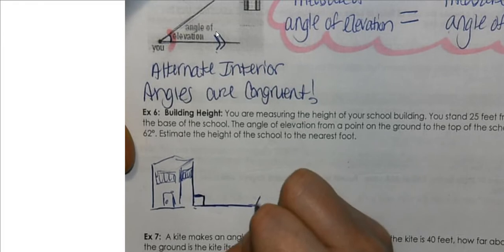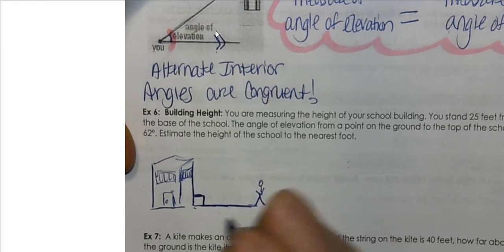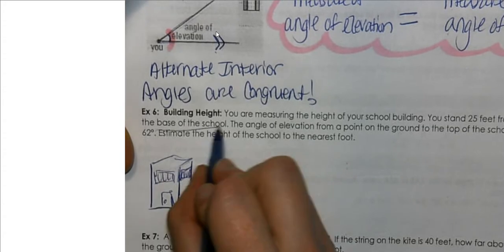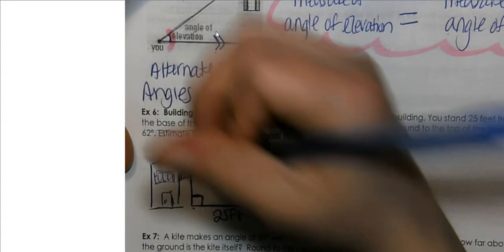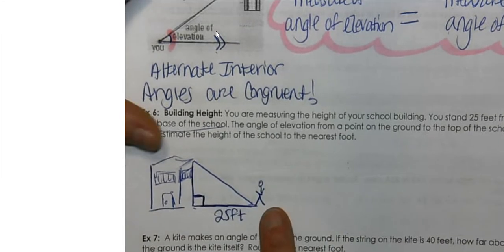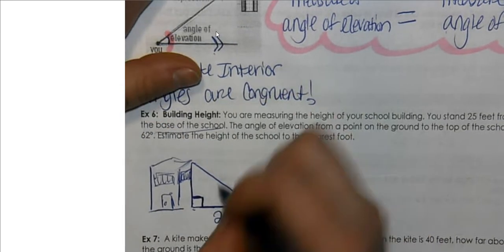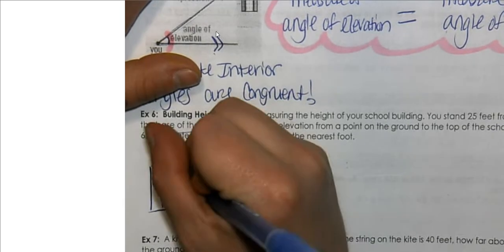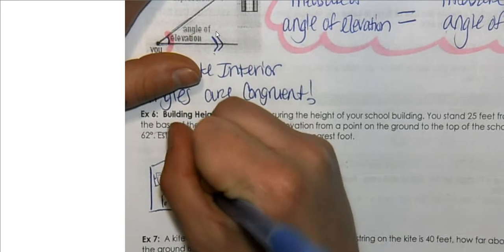You stand at a point that is 25 feet away from the base of the school. The angle of elevation, so that's looking up from a point on the ground to the top of the school building, is 62 degrees. We want to estimate the height of the school building.